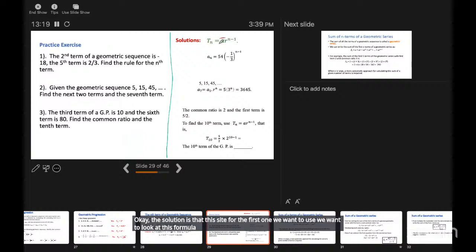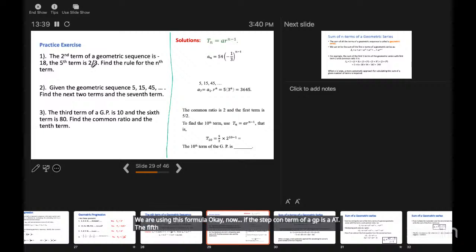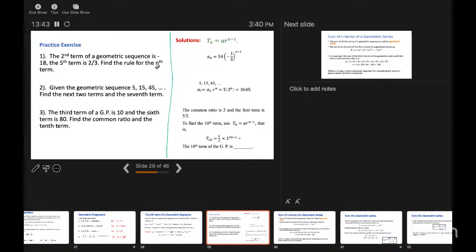We are using this formula. Now, the second term of a GP is 18, the fifth term is 2 over 3. What is the rule to find the nth term?